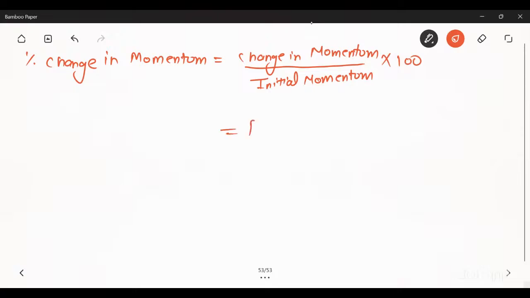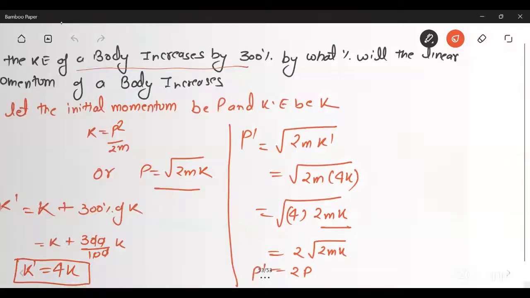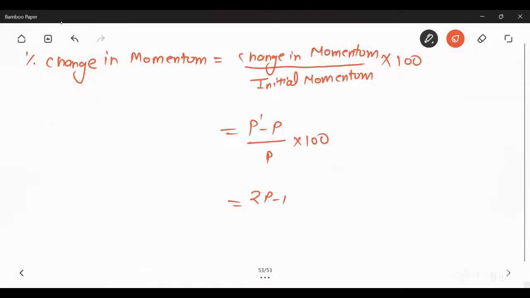So the change in momentum is P dash minus P upon P into 100. New P dash is 2P, as we have proved earlier. So 2P minus P upon P into 100. So 2P minus P is P, upon P into 100. So the percentage change in momentum will be 100%.